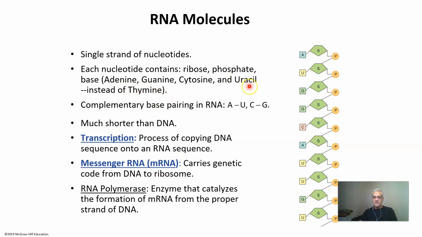Uracil is used in RNA. So those are the big differences between RNA and DNA. Another big difference is DNA is almost always found in a double-stranded form. RNA is almost never found in a double-stranded form. It's almost always single-stranded.